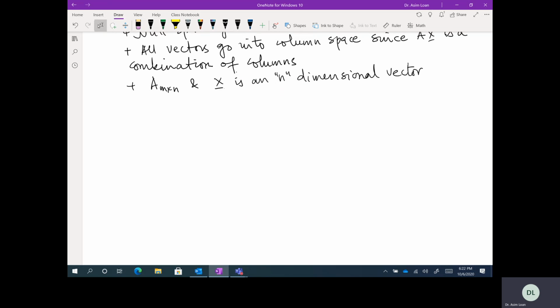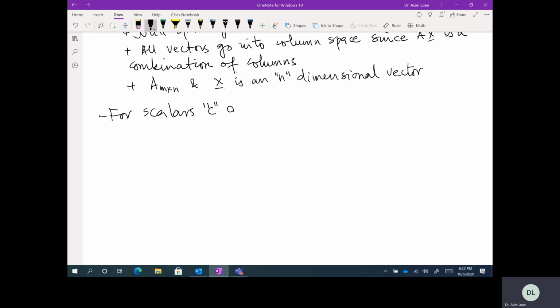So what happens when you stretch? How is stretching specified by a matrix? Maybe I give you a definition first.